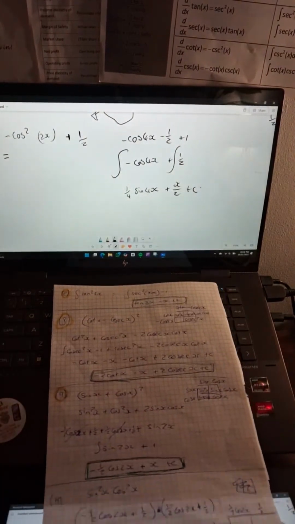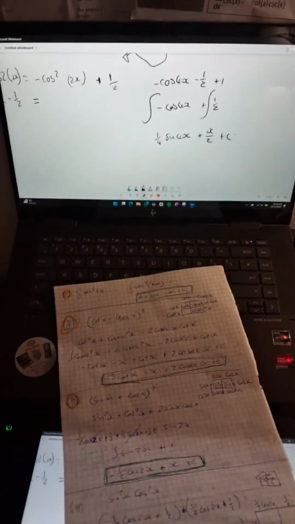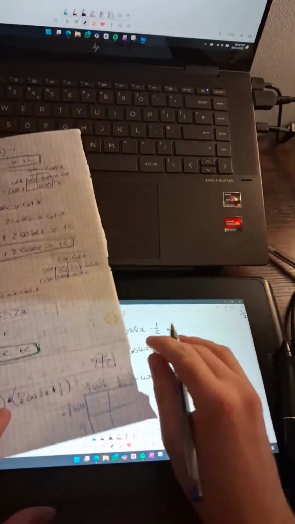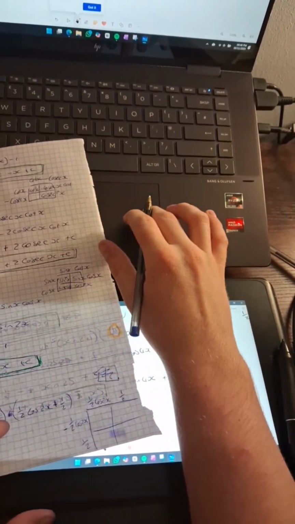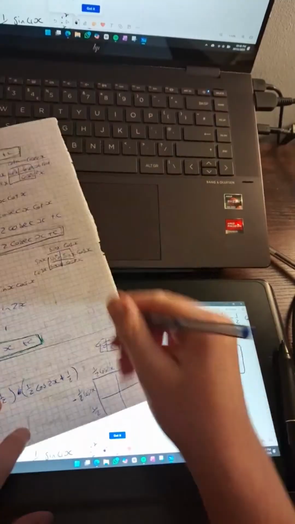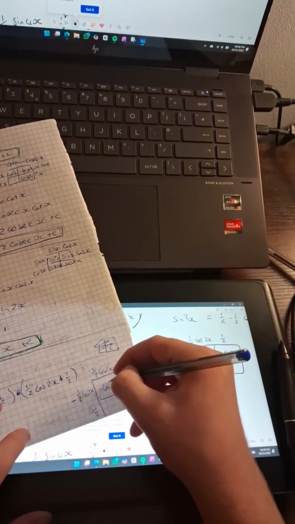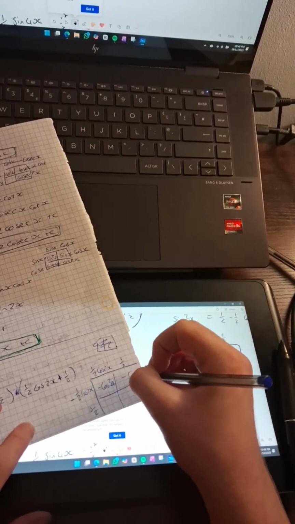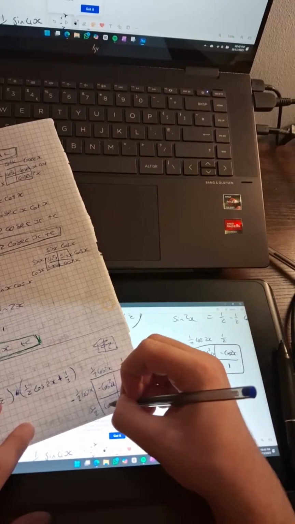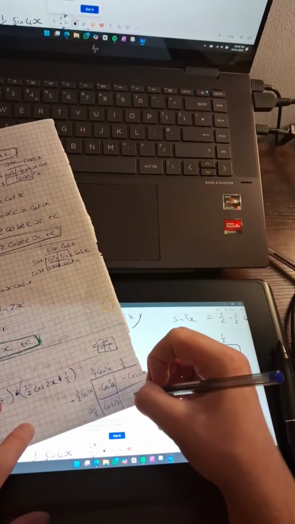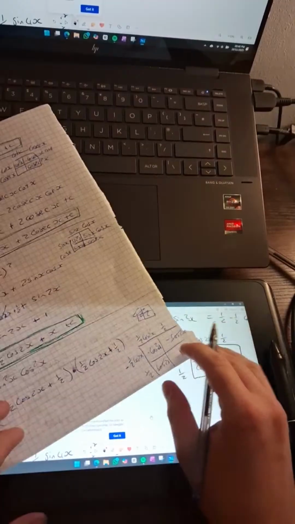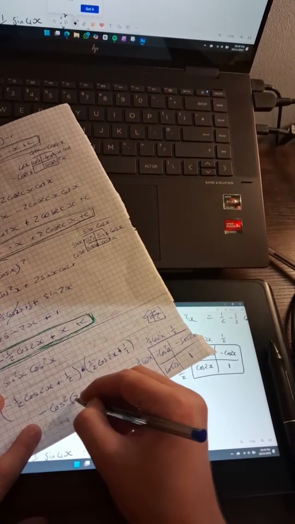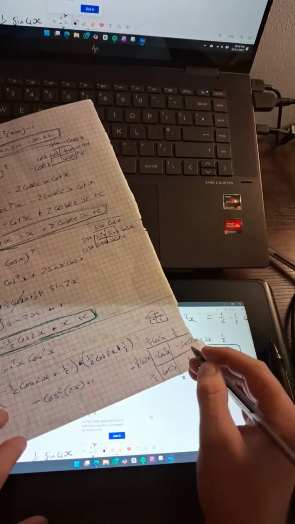I'll put that on my paper. So we figured out that this equals minus cos squared 2x minus cos 2x plus cos 2x 1. And these cancel out. So then we're left with minus cos squared 2x plus 1.